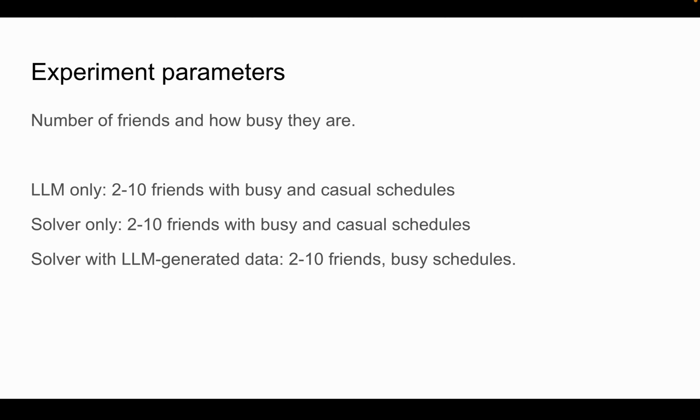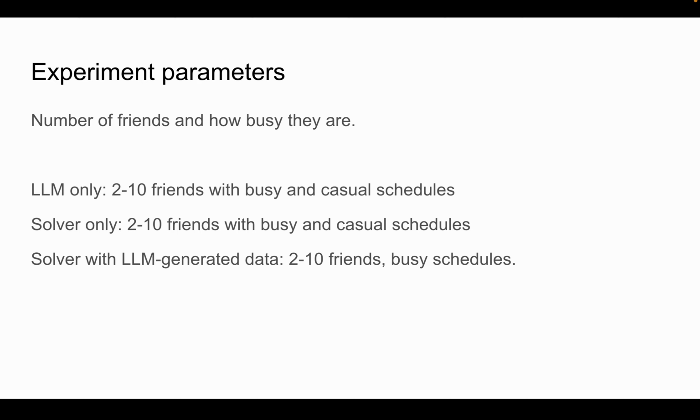So we have a number of experiment parameters. We tweak how many friends there are and how busy they are. With the LLM, we try between 2 and 10 friends, and with two kinds of calendars: busy calendars and casual calendars. And with the solver, we run the same data, but with hand created data for these 2 to 10 friends with their calendars.